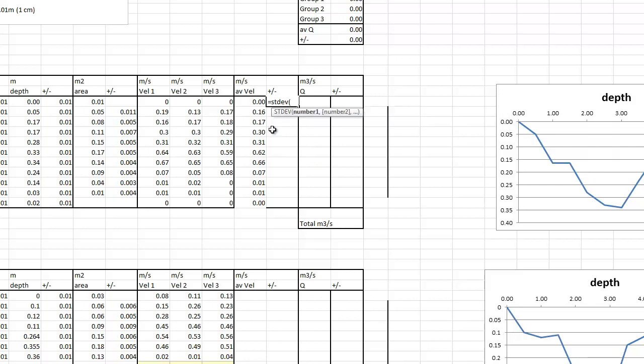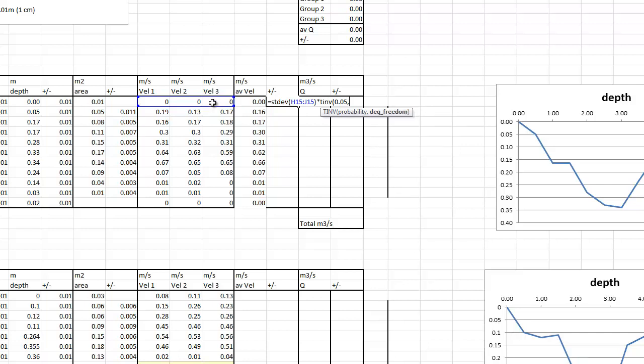Standard deviation of these three numbers multiplied by a d value, but in fact it's a small sample size, it's a t value. We get the t value using the t inverse function, and the arguments that it requires are the probability, which is 0.05. We're working at 95%. The degrees of freedom is n minus 1.